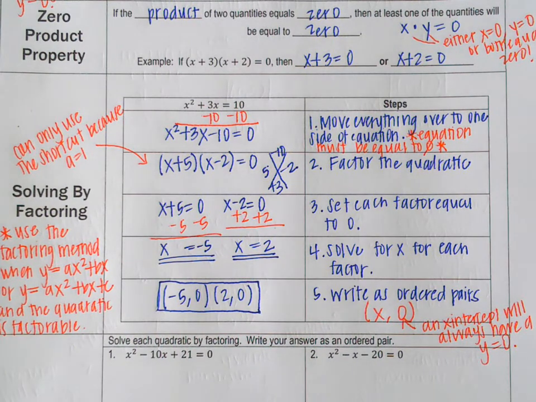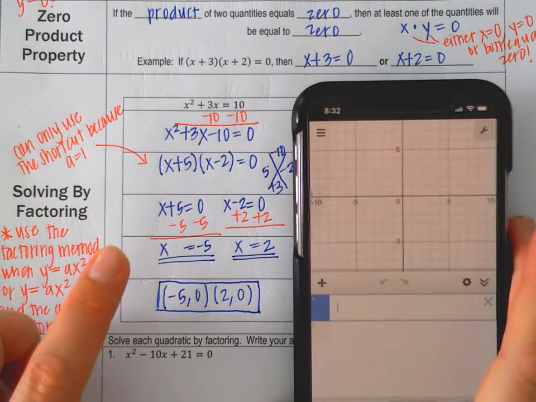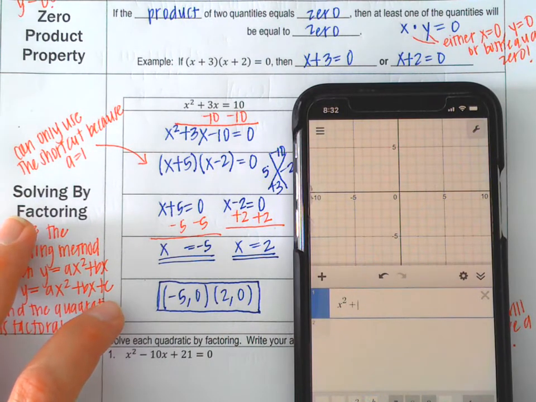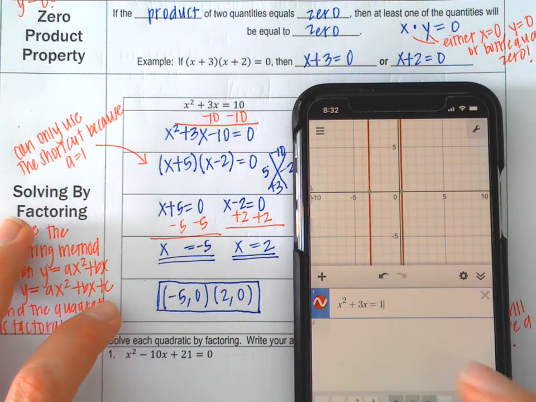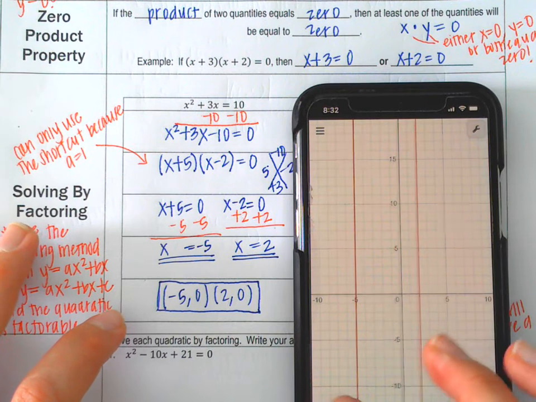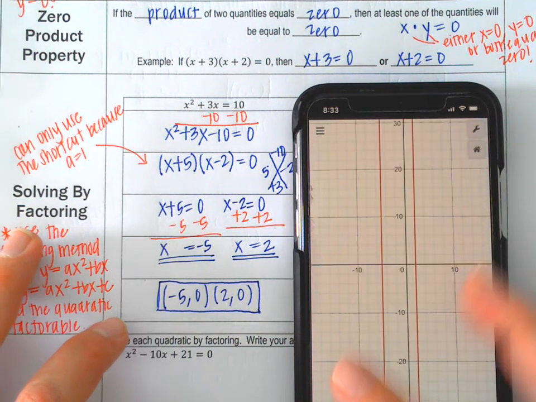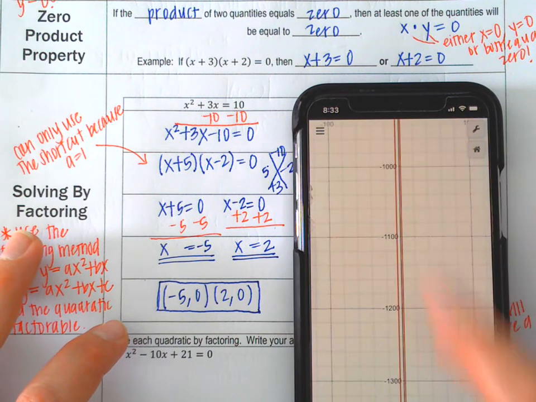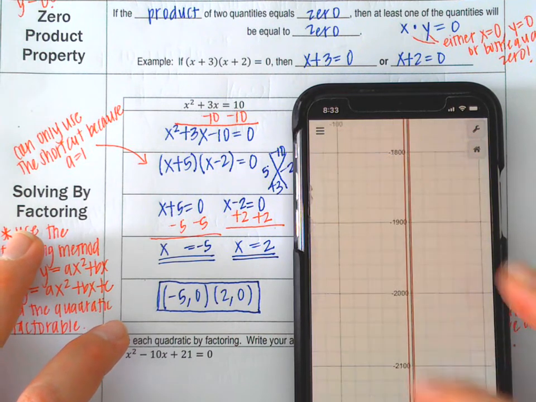Now, if I were to actually go on and graph this on Desmos, so if I were to type that equation in, so x squared plus 3x, I could even do equals 10. We're going to see that the parabola, which it's a super low parabola apparently.